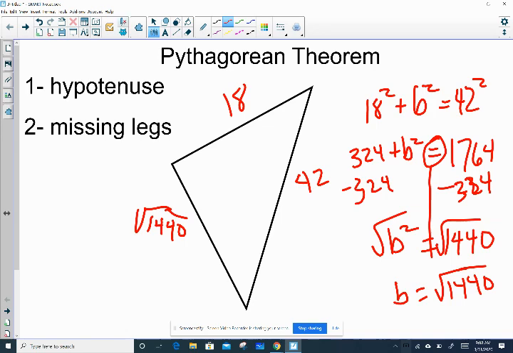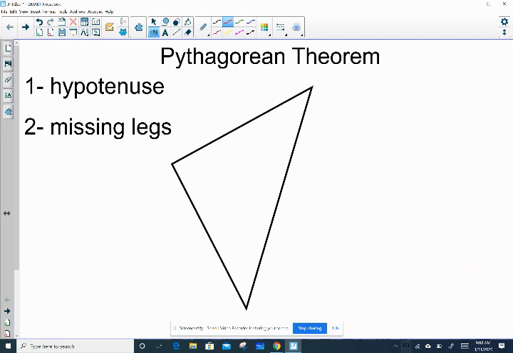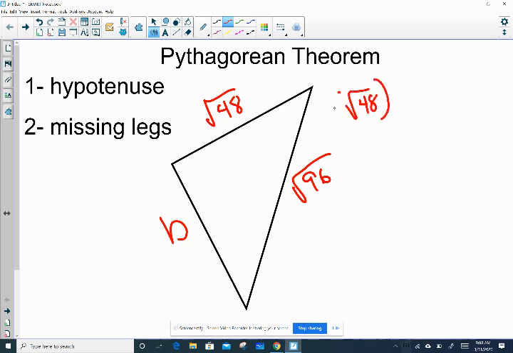Okay, let's do another one. What if I had the square root of 96 and the square root of 48, and I didn't know b? Well, I have the square root of 48 squared plus b squared equals the square root of 96 squared.